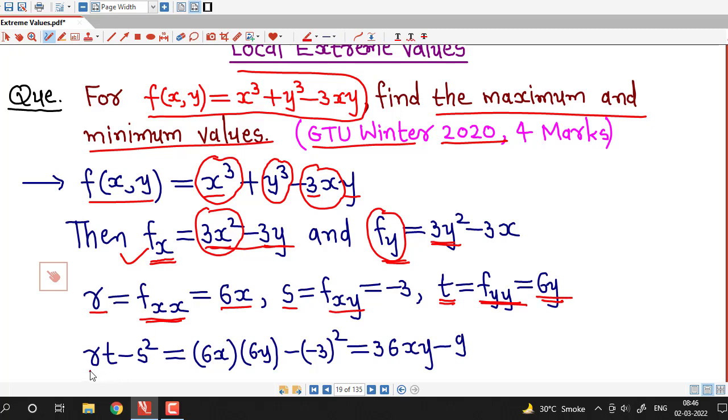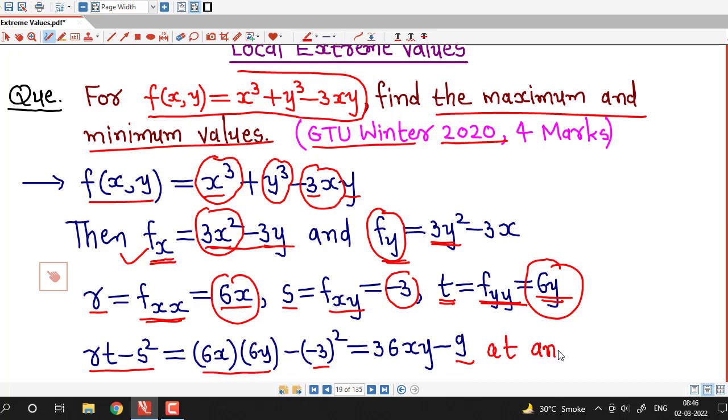We will require rt minus s square. So first we write down r into t, that is 6x into 6y, minus the square of s, that is minus 3 whole square. So here we will get 36xy minus the square of minus 3, which is 9. This is rt minus s square at any point (x,y).